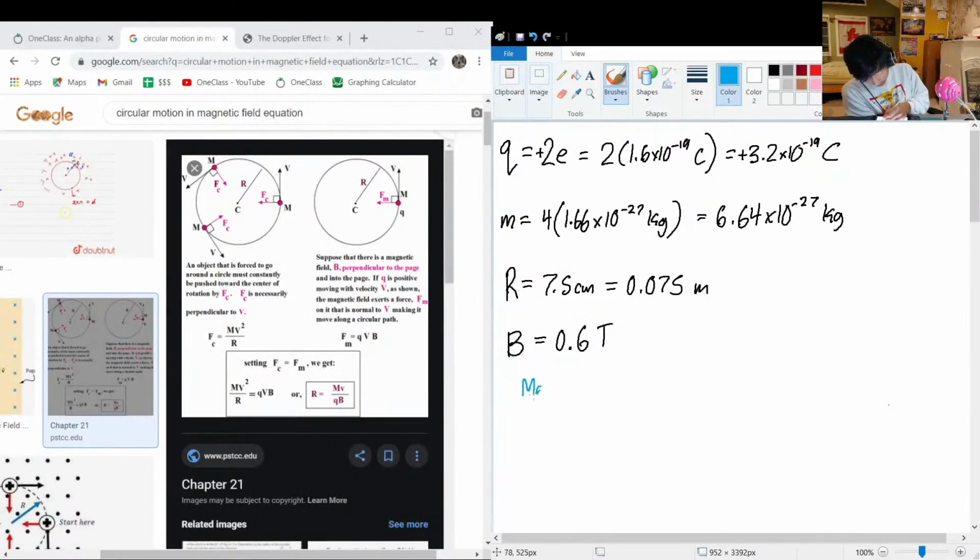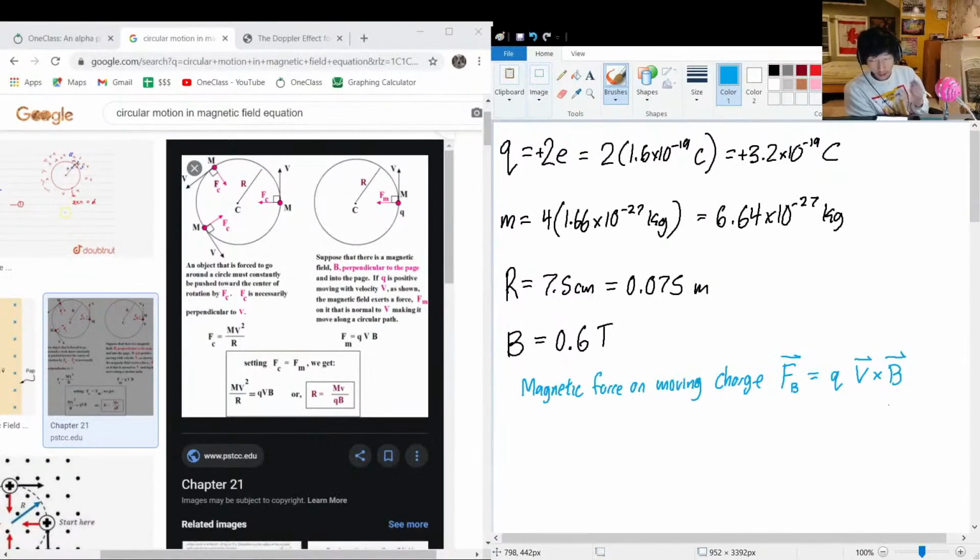So the magnetic force on a moving charge, F as a vector, so FB for magnetic force, is going to be Q times the cross product of the velocity and the B field, the magnetic field.